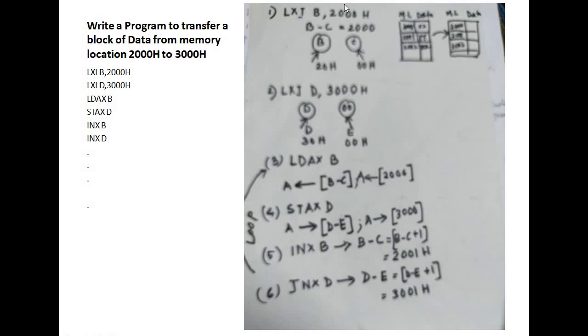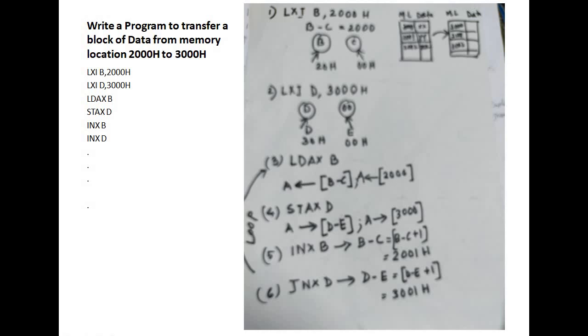Since I is mentioned, the 2000H data will be loaded into the BC pair. 20H will be loaded into register B, and 00H will be loaded into register C. So the BC pair is loaded with 2000H.